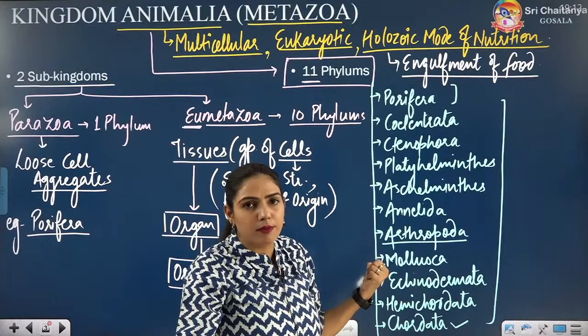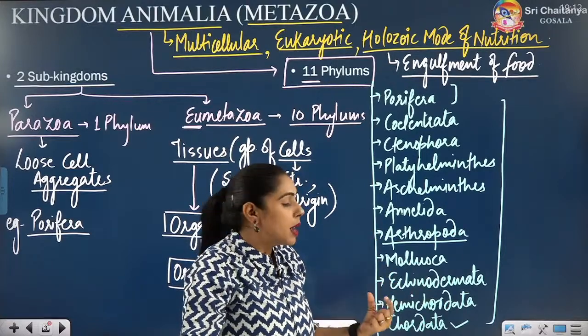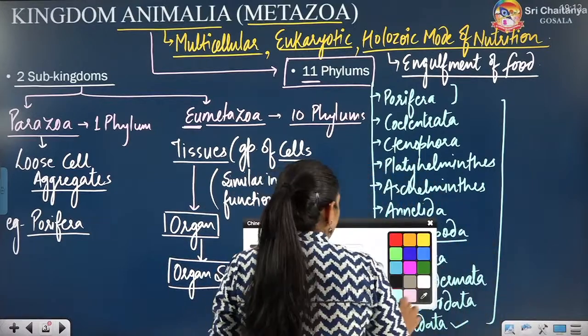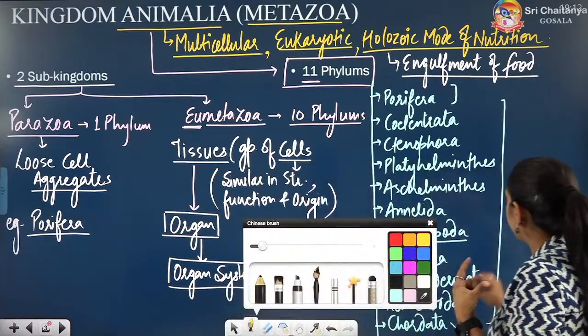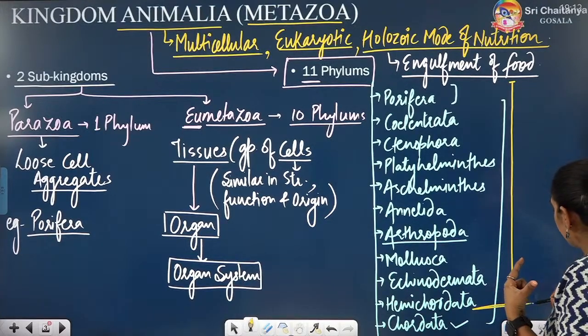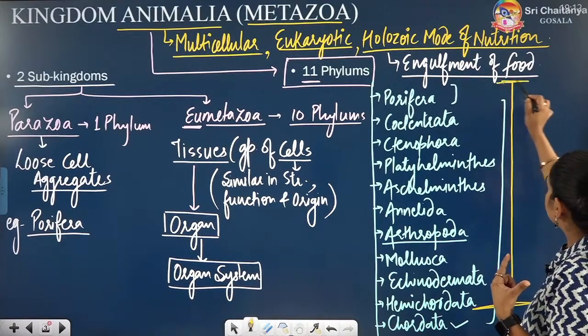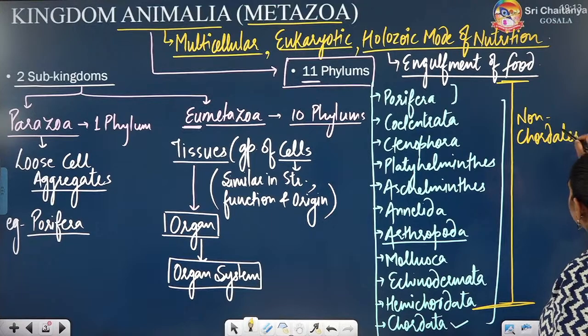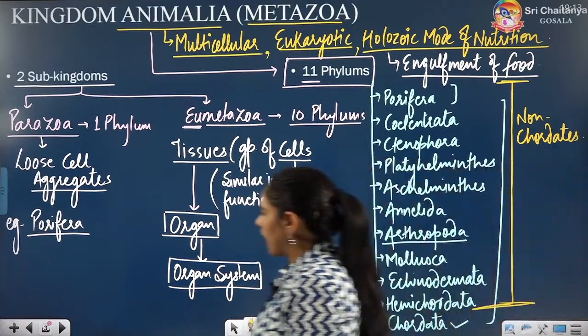We will talk about what notochord is, but we can group all these phylums except the phylum Chordata as non-chordates, everyone. Non-chordates. Alright. So I hope you have understood this much.